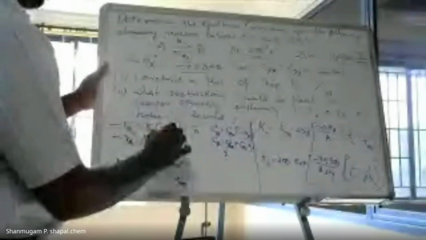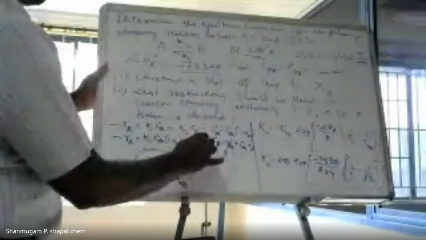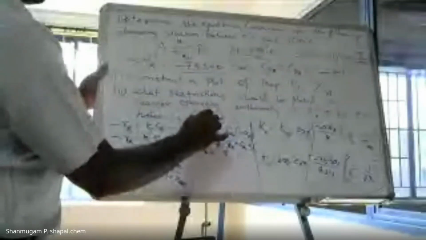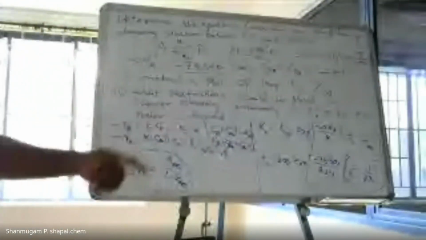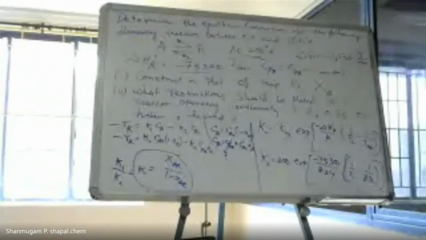That means RR equal to K1 CA naught (1 minus XA) minus K2 CA naught XA. At equilibrium, the rate of the reaction RR will be 0.